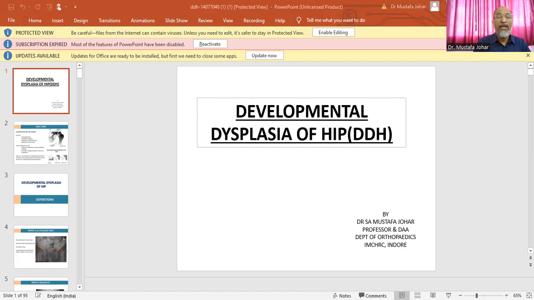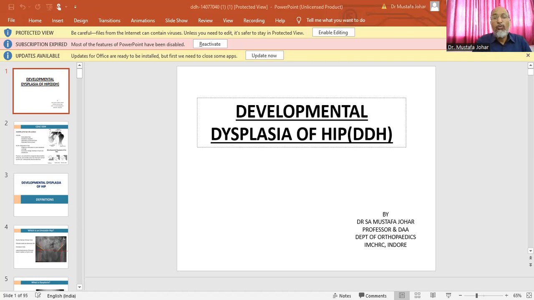And the position, intrauterine crowding, metatarsus adductus, torticollis, congenital dislocation of the knee, and oligohydramnios are all associated things which may or may not be present in one or the other child. But a common occurrence of all these or one of these is possible in a DDH patient.